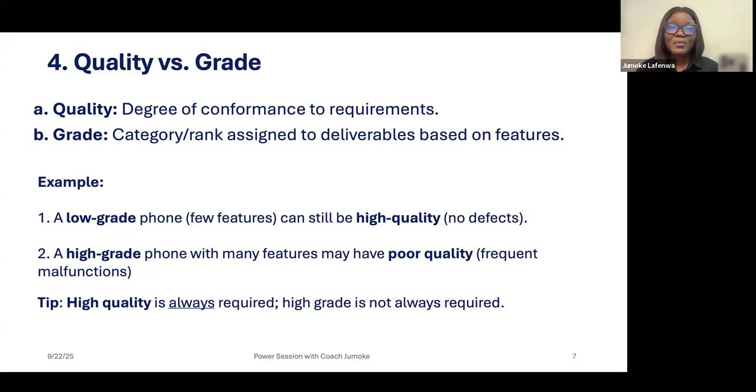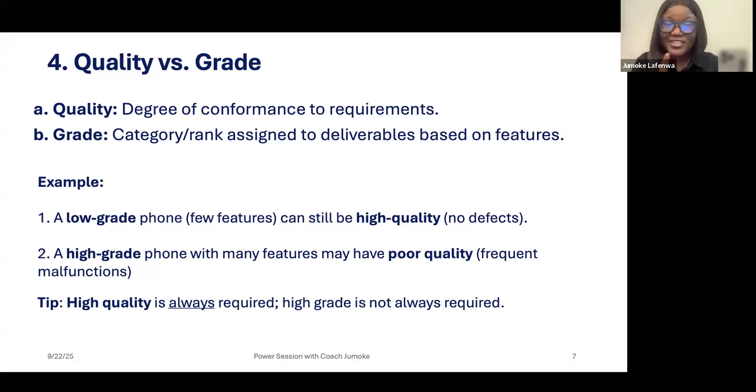This example is to help you appreciate quality and grade. And they do test this in the PMP exam. High quality is always required, whether low grade or high grade. High quality of a product or service is always required.